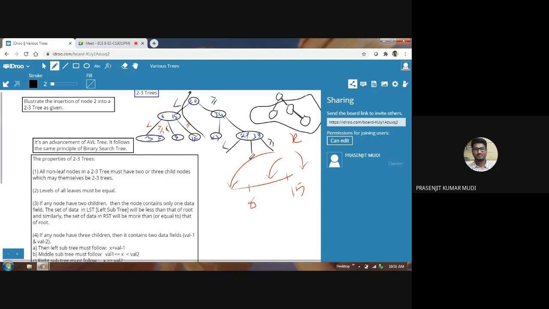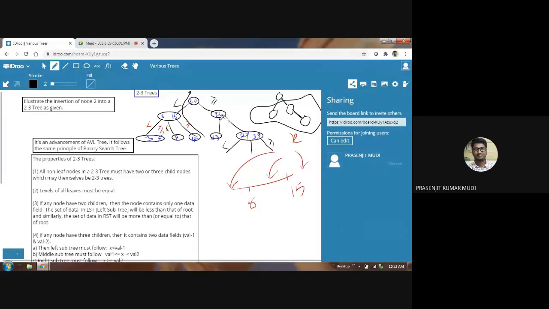If a node has two children, like here the value 24, then that node will contain only a single value, 24. The node which has three children must contain two values, like 6 and 15. So the node which has two children contains a single data field, let's say 24.